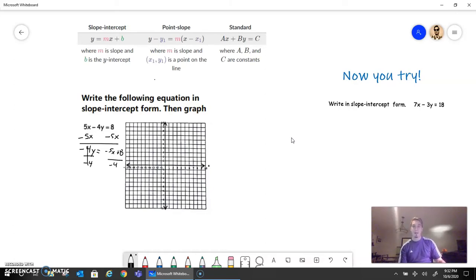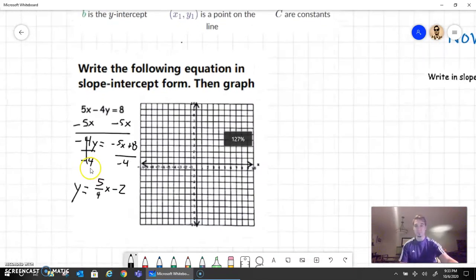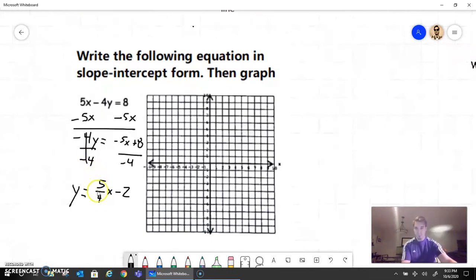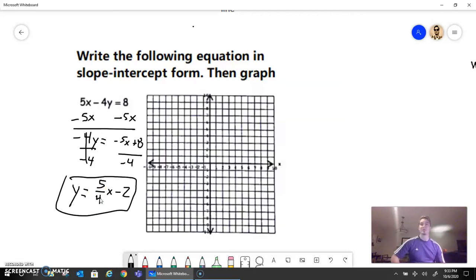I'm going to get y equals negative 5x over negative 4, which is 5/4 x. And what is 8 over negative 4? That's negative 2. So let me zoom in a little. All right, so this is the equation of this line in slope-intercept form.